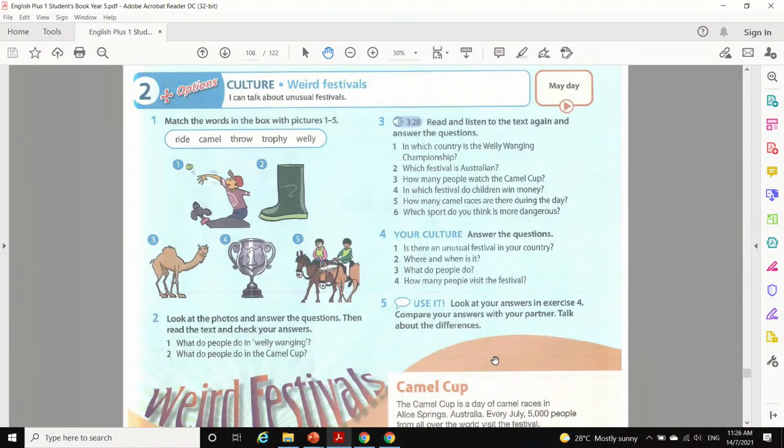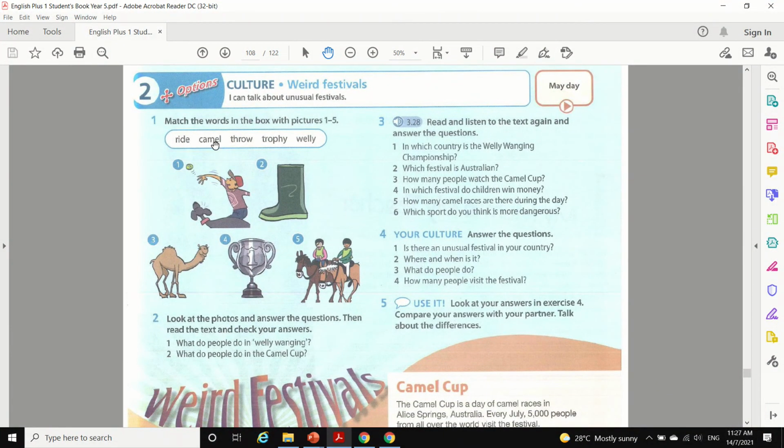哇，很快。Okay, so we look at this. Match the words in the box with picture 1 to 5. Okay, number 1, right. Which picture? Right. Picture number 第几个？第几个 picture 是 right? Yes, picture number 5, right. Okay, you have to write it here.